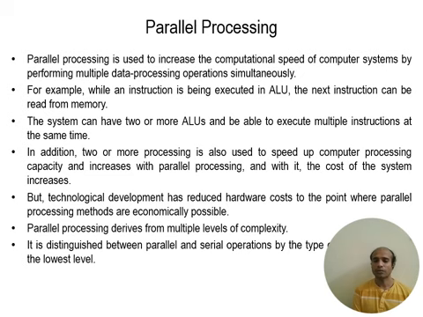In addition, two or more processors are also used to speed up computer processing capacity, and as it increases with parallel processing, the cost of the system increases. But technological development has reduced hardware costs to the point where parallel processing methods are economically feasible in the systems.